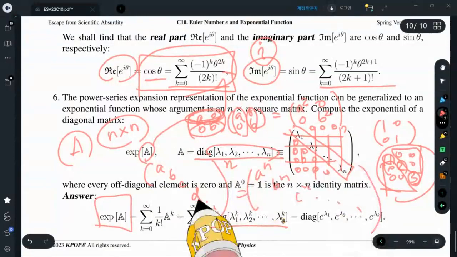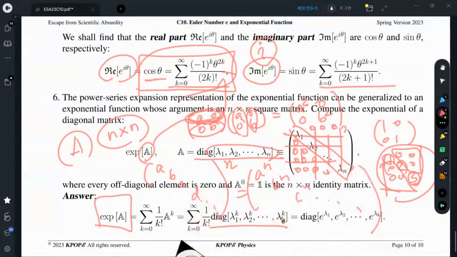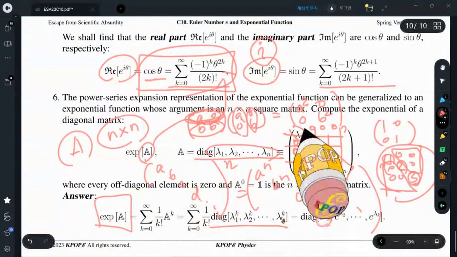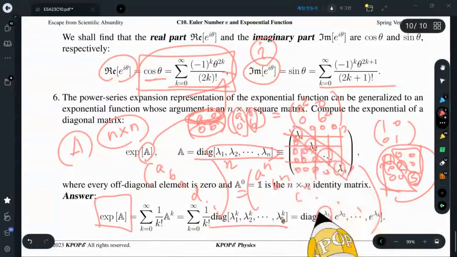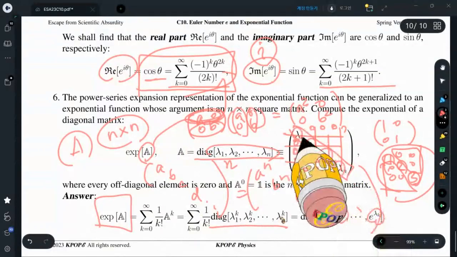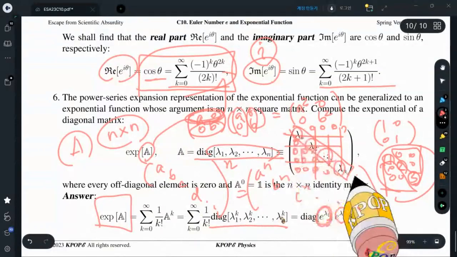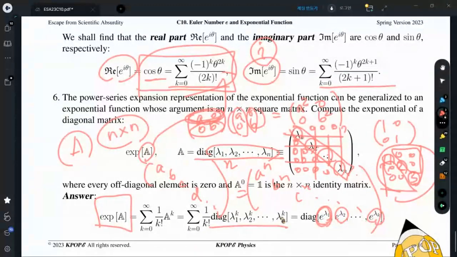So if I sum everything to infinity, the final result is that each element becomes the exponential of these elements. A very, very interesting thing. This kind of strange thing happens in physics. Okay, that's it for today. Thank you for listening.